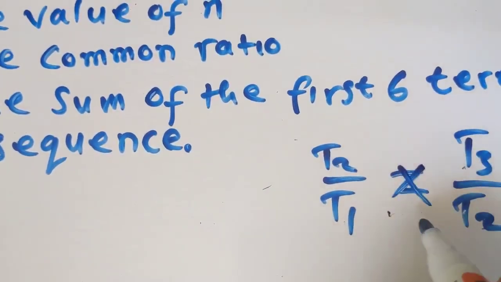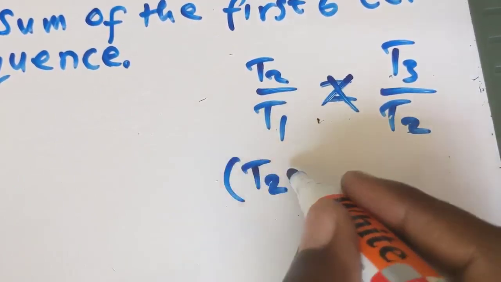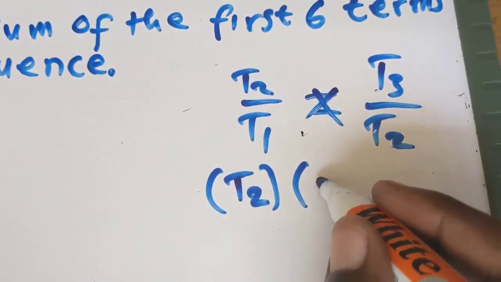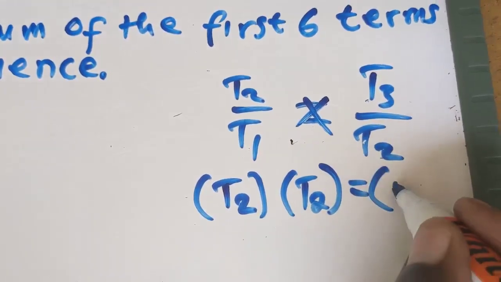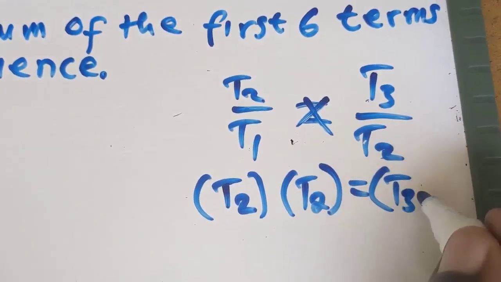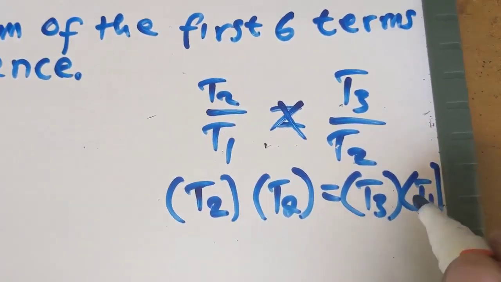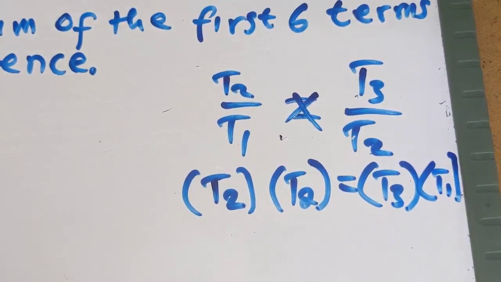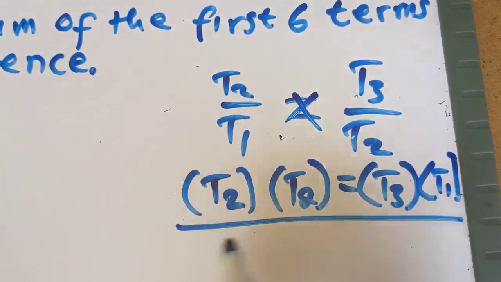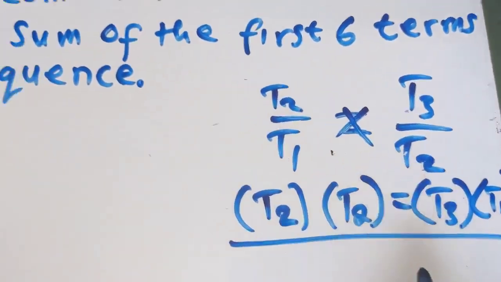When you cross multiply, you can say that term 2 multiplied by term 2 is equal to term 3 multiplied by term 1. So this is the formula to use, you equate this, then you multiply.